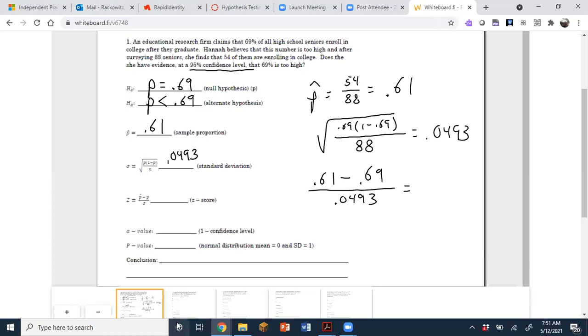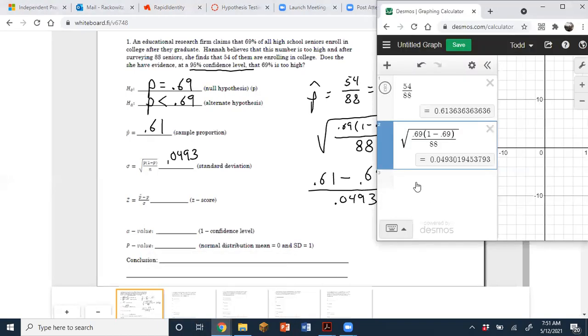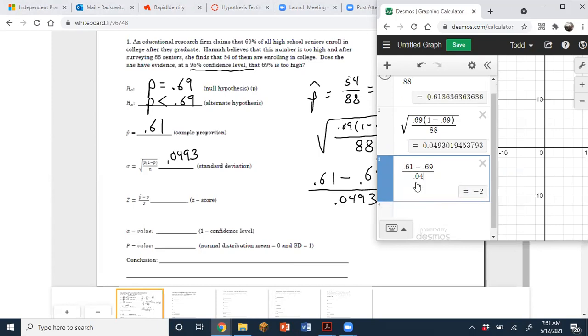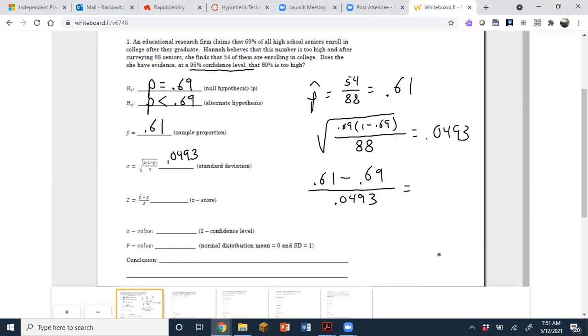So back to the calculator. Fraction 0.61 minus 0.69 over 0.0493, and you get a negative 1.62.